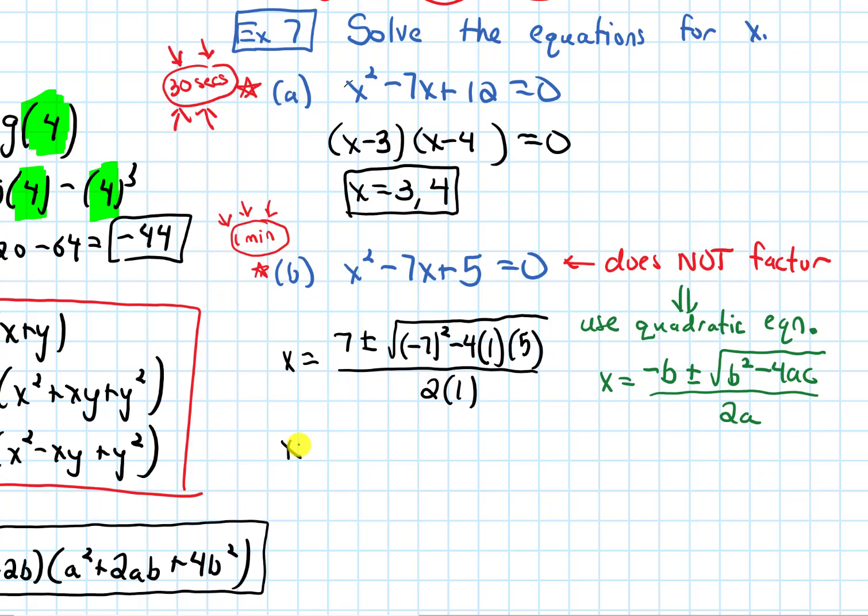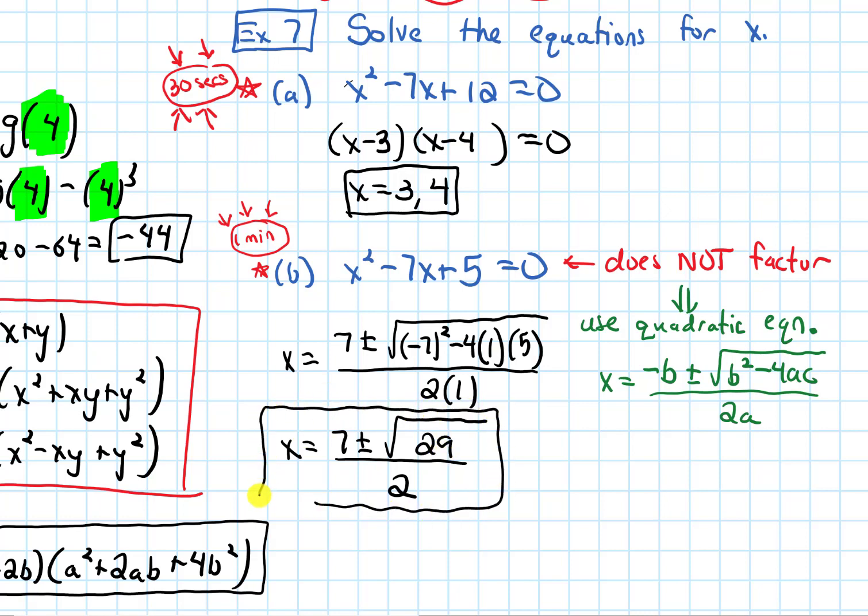Simplifying, we get x equals 7 plus or minus the square root of, inside, negative 7 squared is 49, minus 20, so 49 minus 20 is 29, all over 2. The square root of 29 I can't simplify further, since there's no perfect square that divides 29 that I could factor out. So that's my answer: we have these two answers that involve square roots.